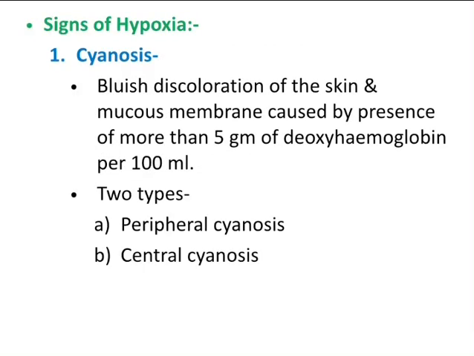Now next is signs of hypoxia. The first sign is cyanosis. It is a bluish discoloration of the skin and mucous membrane. It is caused by the presence of more than 5 gram of deoxyhemoglobin per 100 ml of blood. It is of two types: peripheral cyanosis and central cyanosis.